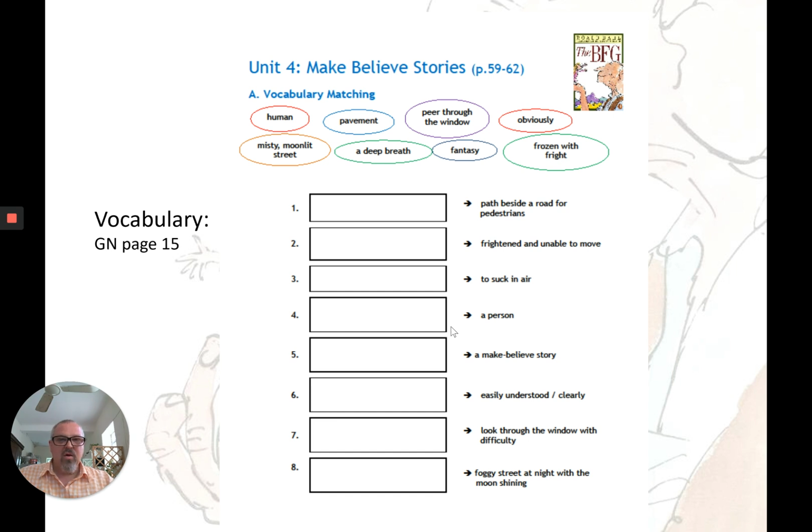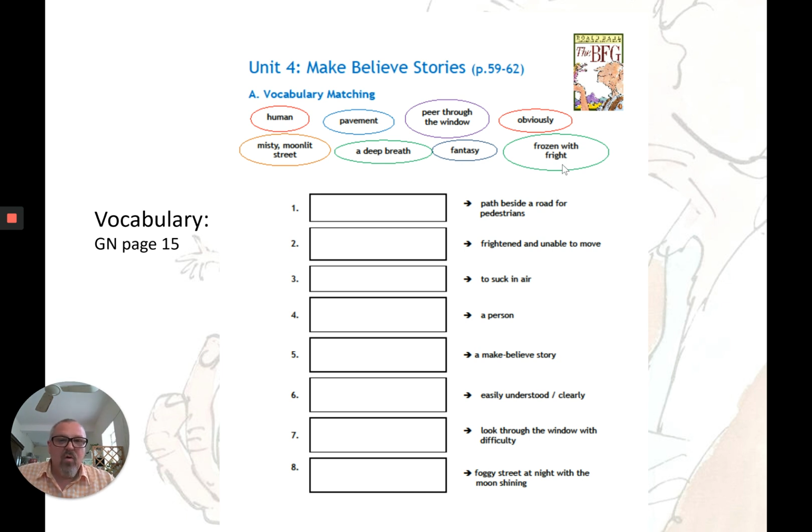Okay, in your guiding notes on page 15, you've got the vocabulary section. Let's just quickly go over this and have a chit chat about it. So the first one, number one, the path beside a road for pedestrians. Pedestrians are people who are walking.